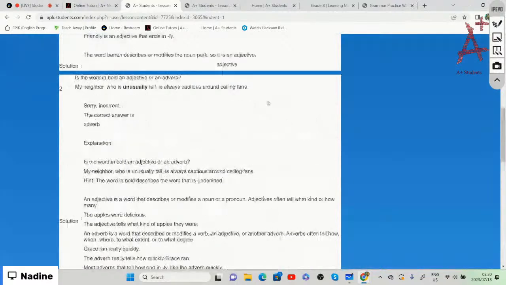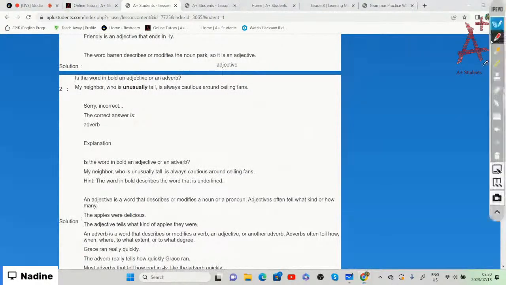All right, so guys, the word unusually is an adverb. Why is it an adverb? Because it describes the adjective, which is tall.